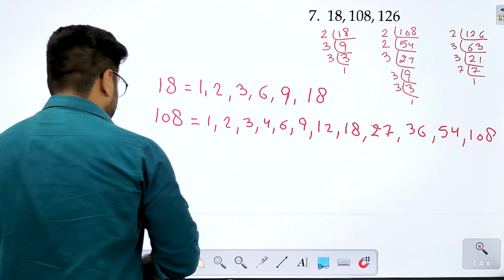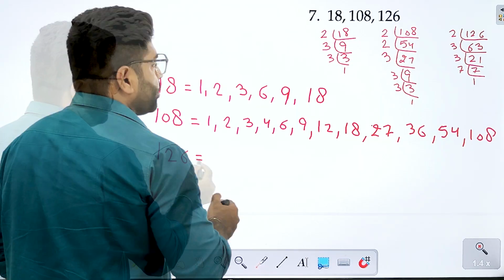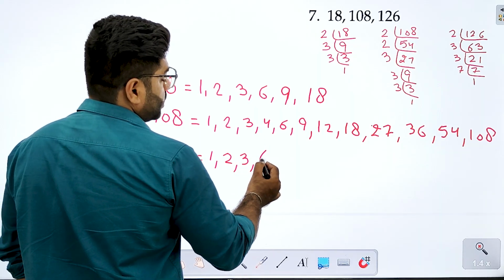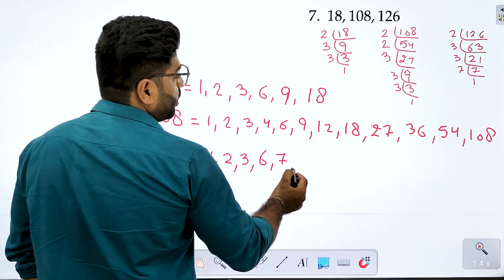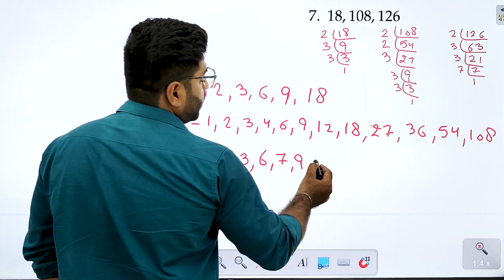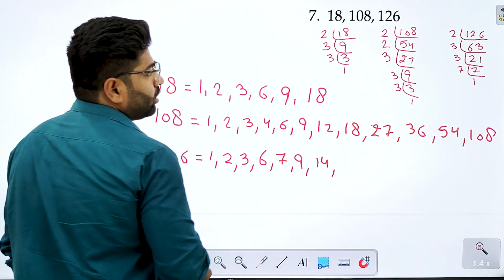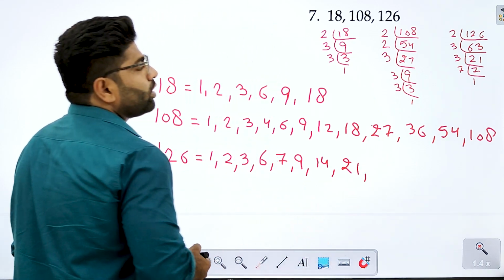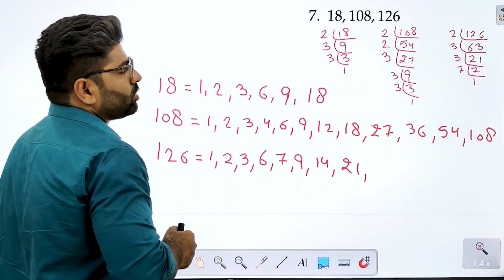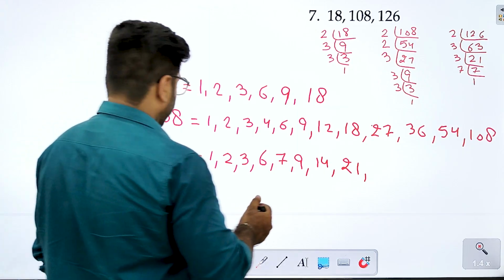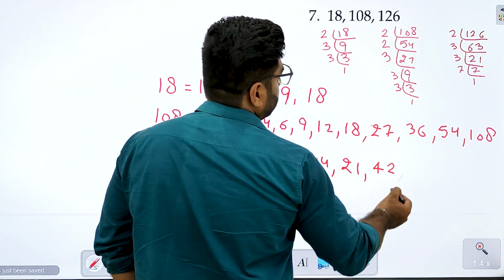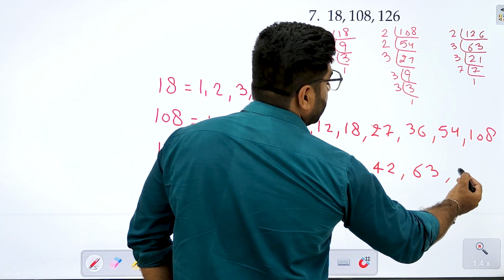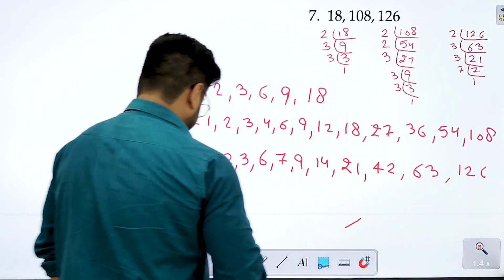Now we have 126. So here we have 1, 2, 3, 3 times 2 is 6, then 7, 3 times 3 is 9, 7 times 2 is 14, then 7 times 3 is 21, and 7 times 6 is 42, 7 times 9 is 63, and last we have 126.